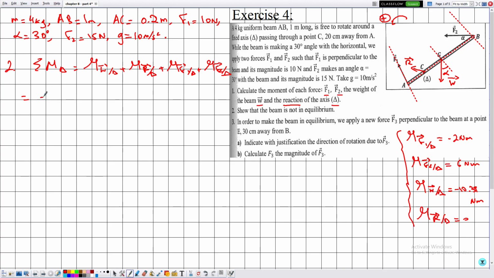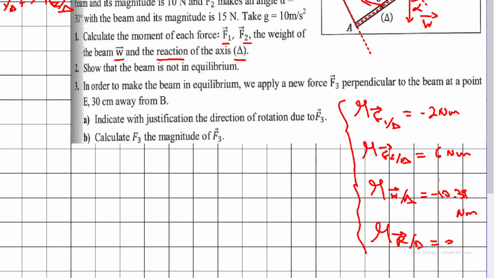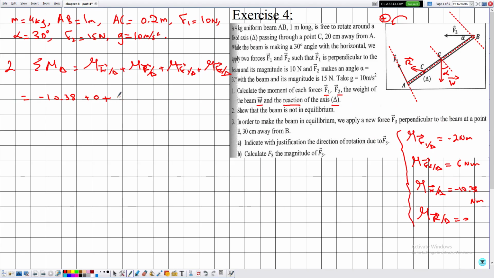So this is minus 10.38 plus 0, plus the moment of F1, which is given by minus 2, and the moment of F2 is given by plus 6. Now on the calculator, minus 10.38 minus 2 plus 6 is equal to minus 6.38 Newton meter, which is different than 0.